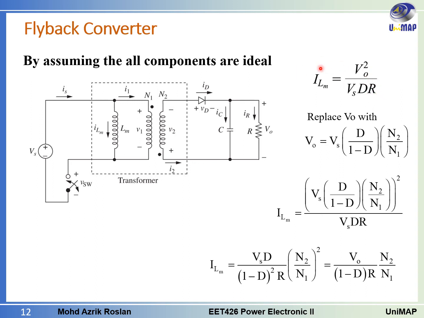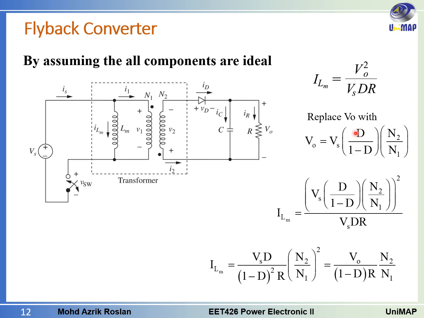Now we already have the value of ILM equals V out square over Vs d R. So you can use this equation if you have the value of the output voltage and the input voltage, and straight away you can calculate the value of ILM. To proceed further, we can replace the V out in this equation with the one that we already obtained before, that relates the input and output voltage.